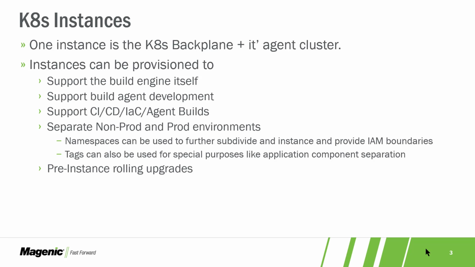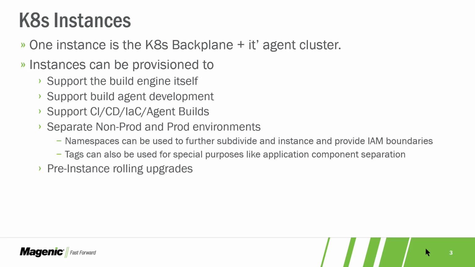And then its agent cluster. The agent cluster is a whole bunch of VMs upon which the backplane can assign containers to run in pods. And it can expose services and all those good Kubernetes things. I'm going to sort of assume that people know at least the basics of Kubernetes as we go through this.